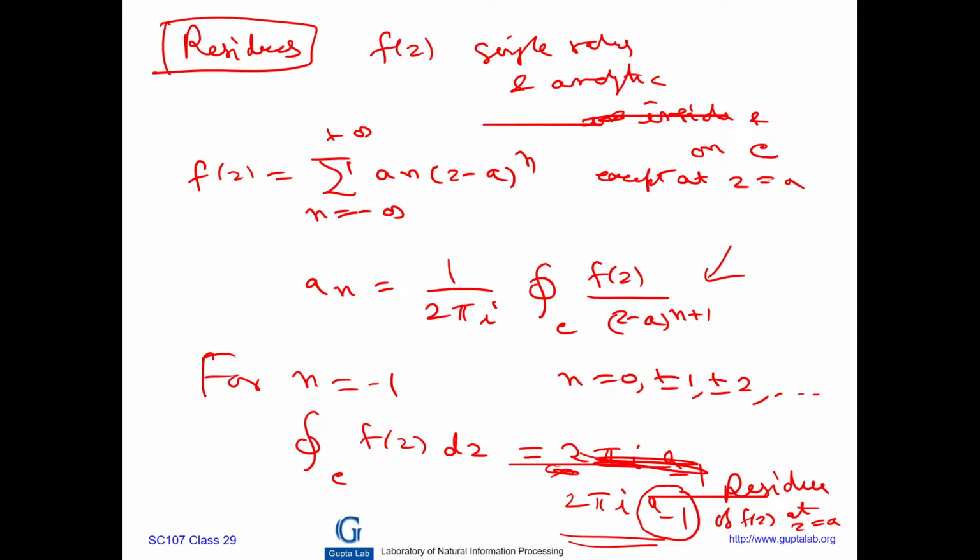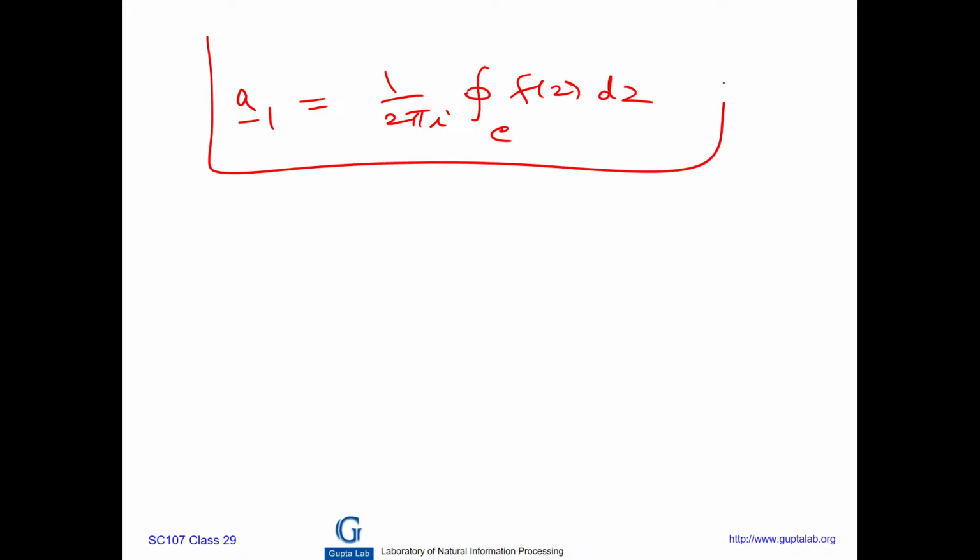Then we can compute the residue at this singular point by substituting n is equal to minus 1. So one way is that a minus 1 is nothing but 1 over 2 pi I integration along C, f of z dz. This is our residue. Now how do we calculate this residue?